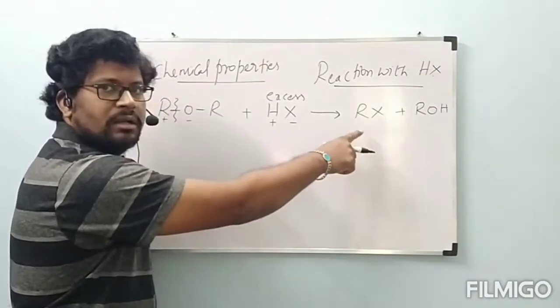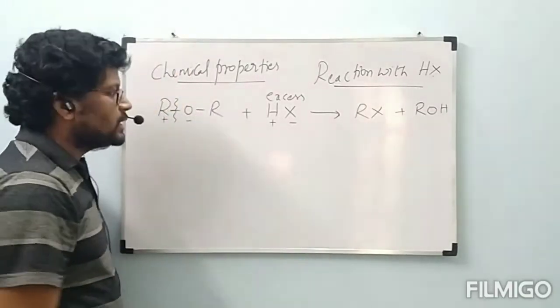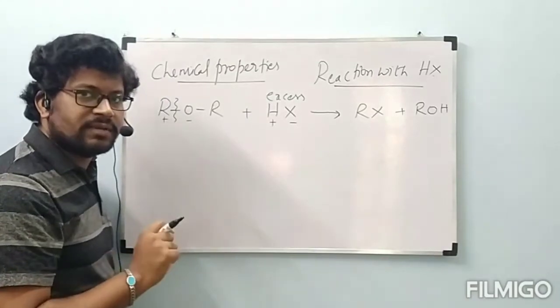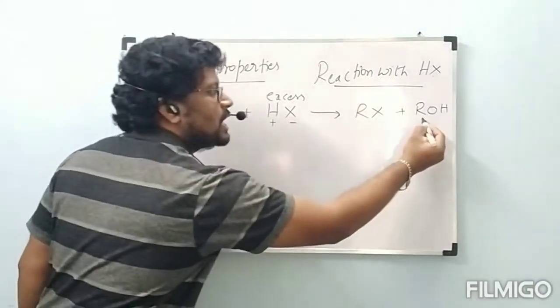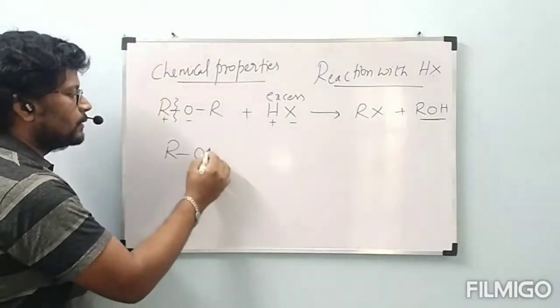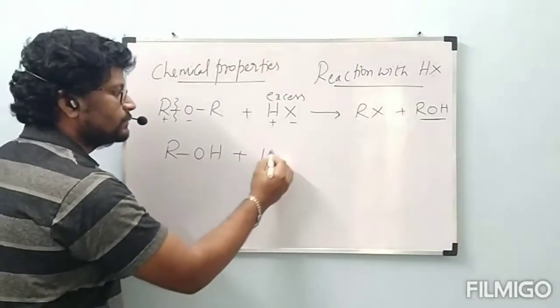This is called haloalkane and this is alcohol. But we are using excess of HX now. In presence of excess of HX, this alcohol ROH which is formed again reacts with one more mole of HX.